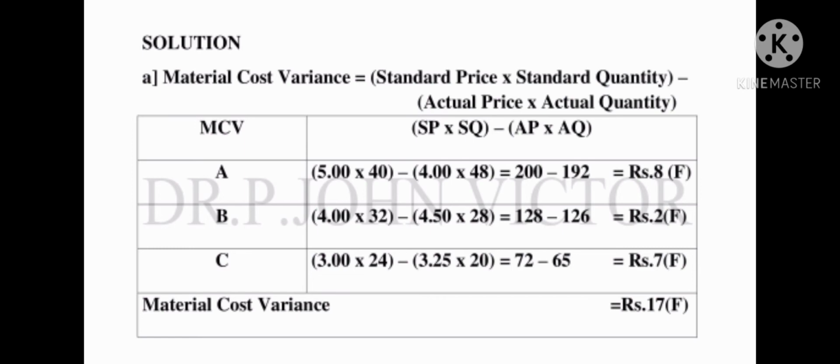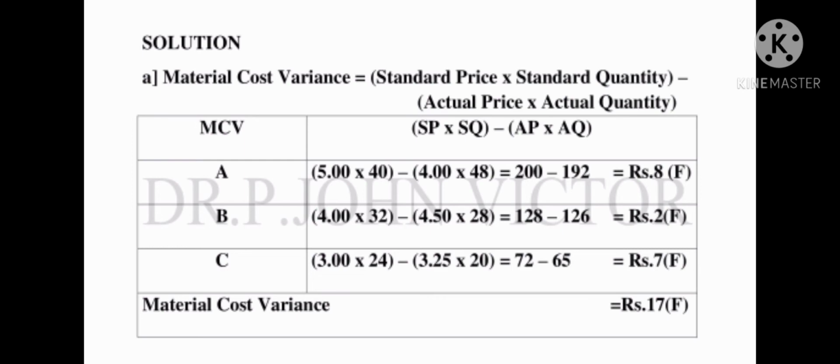Here also the higher value is positive, so rupees 7 is favor for product C. Totally, for material cost variance, all values are favor, so we add them to get 17 favor.